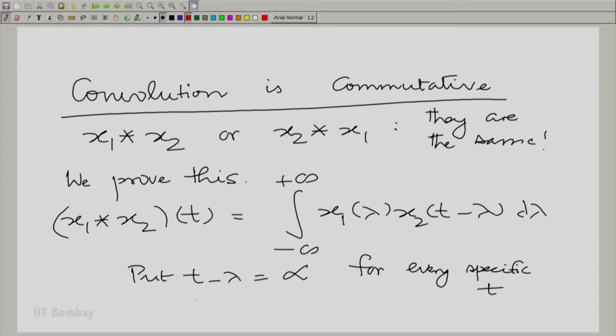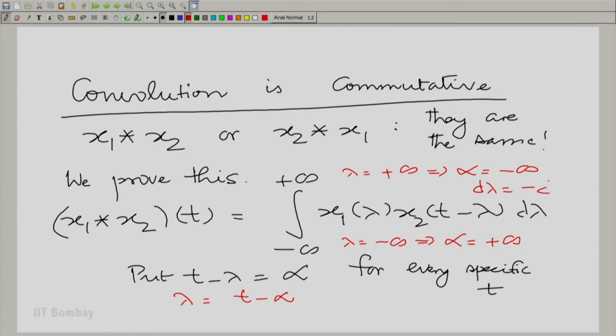Of course, λ is t − α, and λ equal to minus infinity gives α equal to plus infinity. λ equal to plus infinity gives α equal to minus infinity. Moreover, dλ is −dα. So, we have all these little changes to be made.